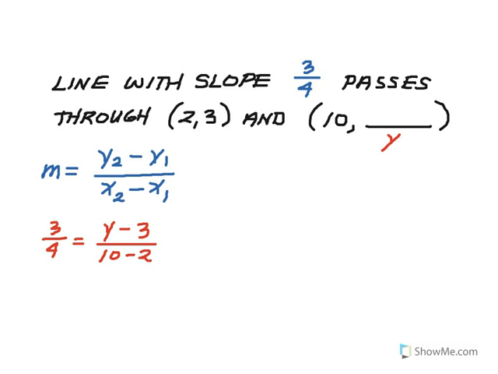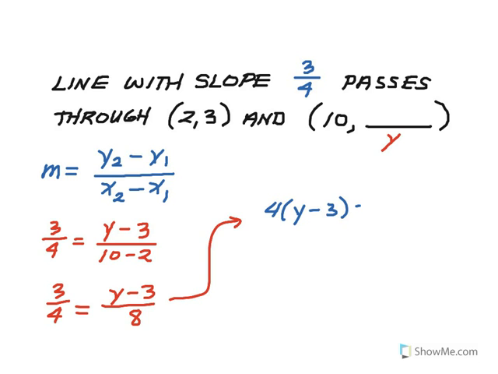So I know that 3 over 4 must be equivalent to y minus 3 over 8. And this is a simple proportion, so I can cross multiply to solve that, and I would get 4 times the quantity y minus 3 is equal to 3 times 8, which is 24.